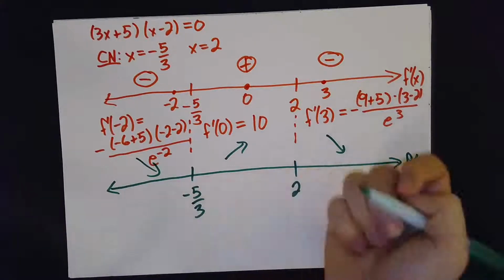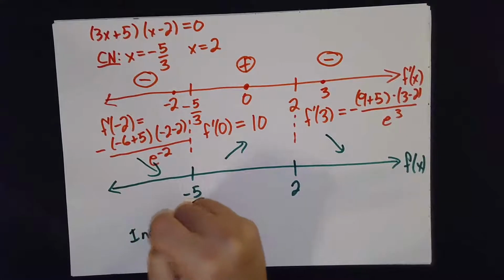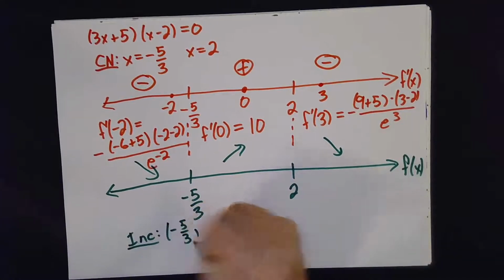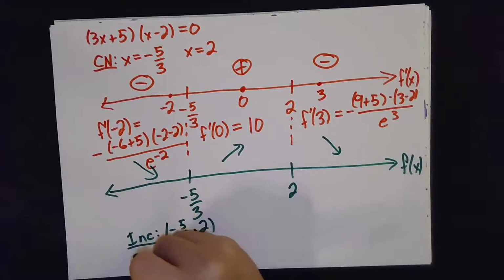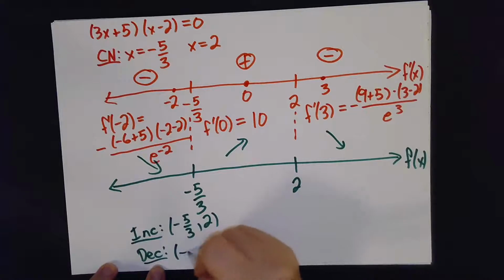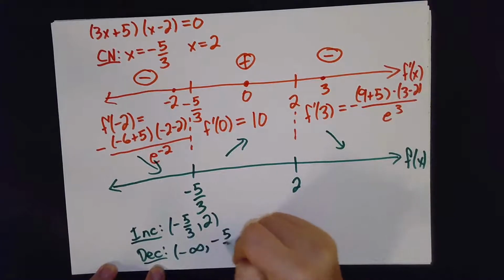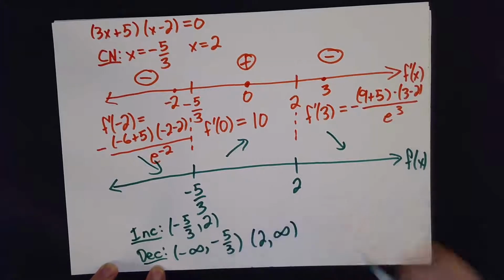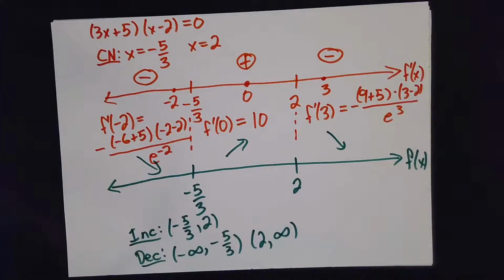And so I can write down that this function is increasing on minus 5/3 to 2, and decreasing on minus infinity to minus 5/3 and 2 out to infinity. Okay. And so the question just asked that, so that's the full answer.